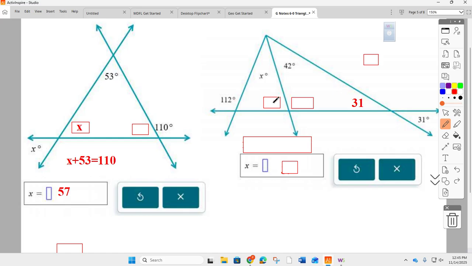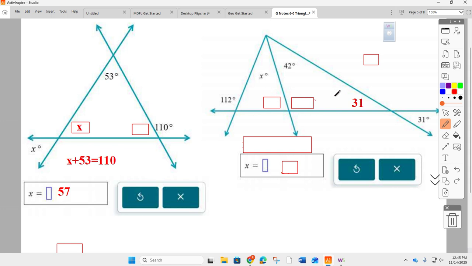We know this angle, x, plus this angle equals 112. Okay, so how can we find the measure of this angle? We have to find the other angle right next to it. So that would be the linear pair. It's the angle that's part of that linear pair. Okay, how would you do that?